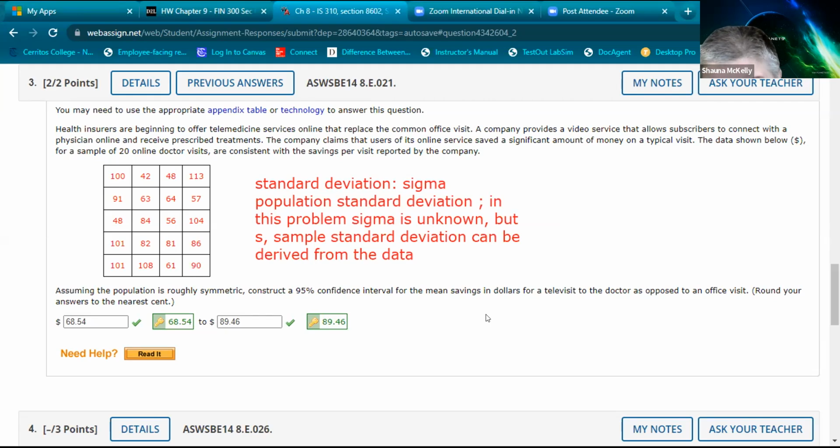Once again, no, it's only 20. So I have two no's, so I'm using a t-interval for this question, with data.